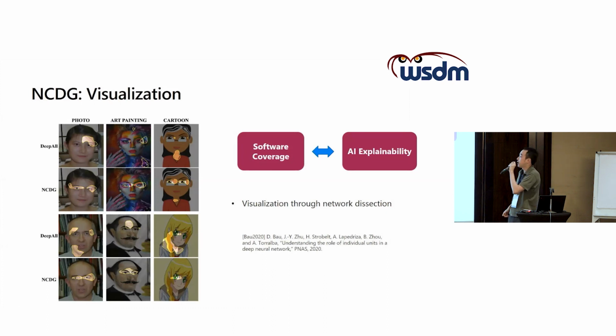So here we want to do a visualization to see whether our motivation really makes sense or not. As you can see, Deep All here means that for classification we only train based on the cross-entropy loss. NCDG refers to the case where we apply this neuron coverage regularization.